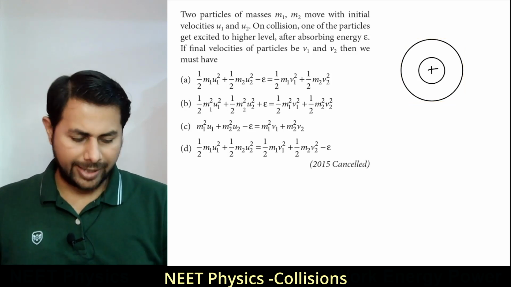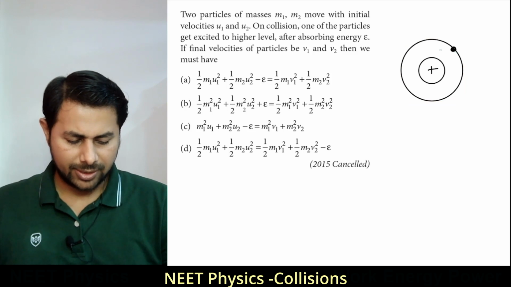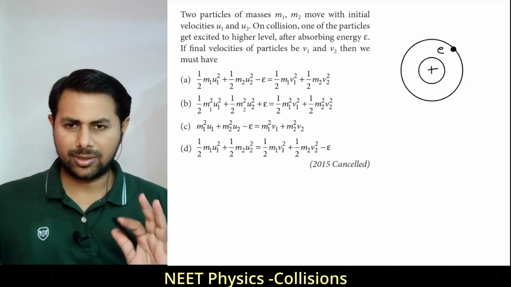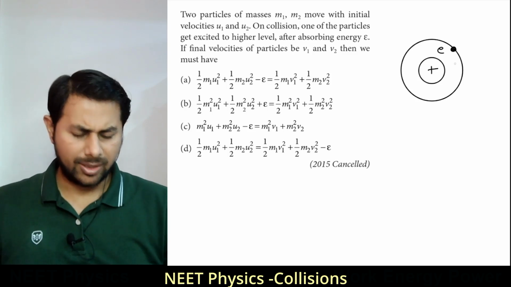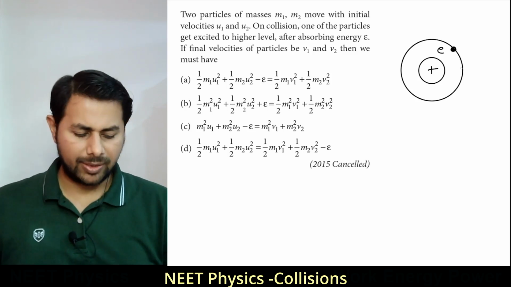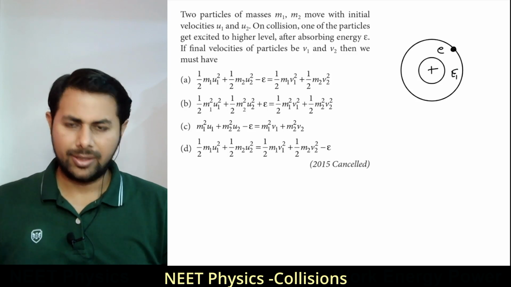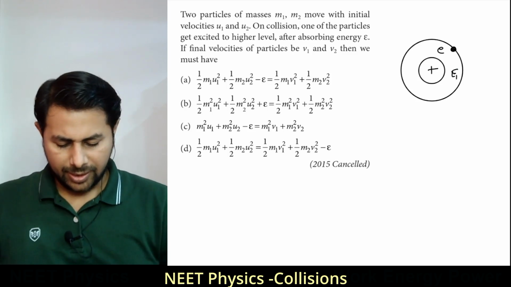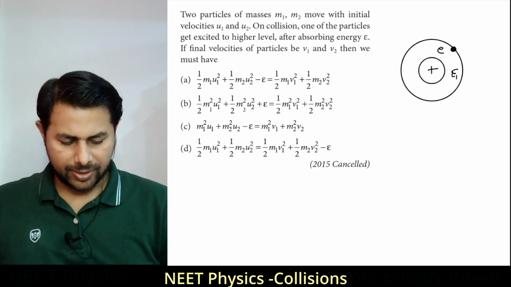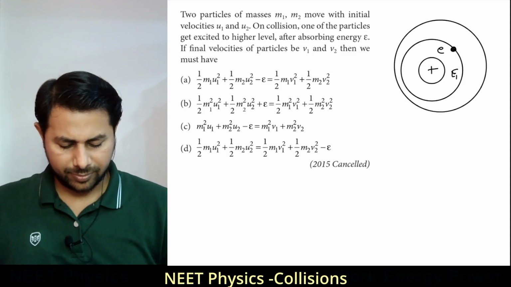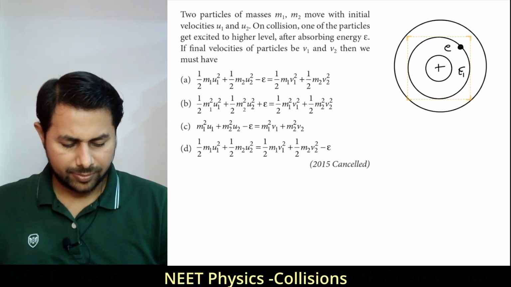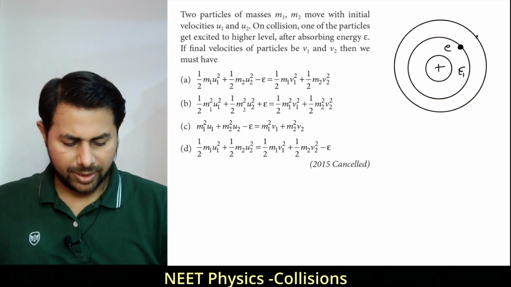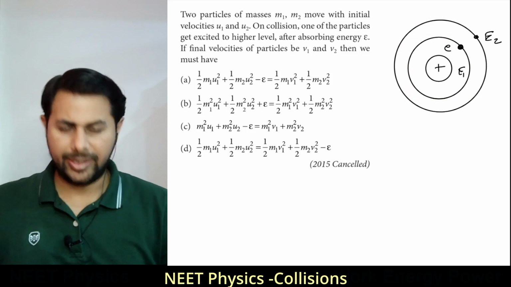You might know this from chemistry. There is some energy level of the electron. When the electron revolves in the first orbit, it will have energy level, let's say E1. When it moves to the second orbit, it will have energy level E2. It will come in physics also. So here the energy level would be E2.